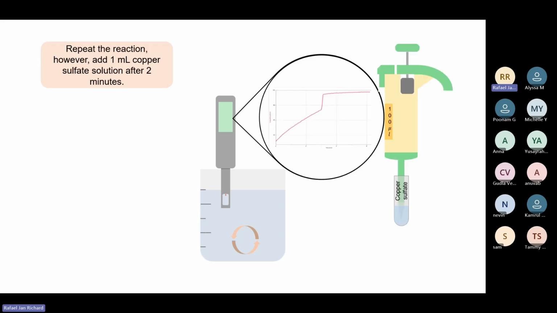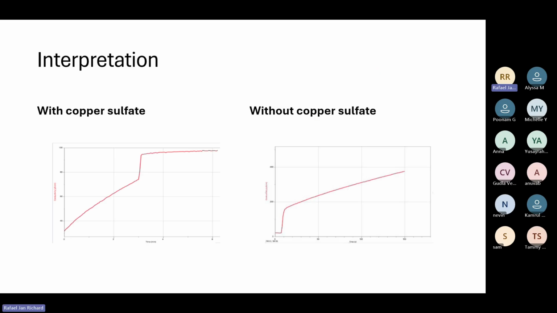And now we'll look at the two different diagrams together. Here you have the diagram with copper sulfate added, and the one without copper sulfate. As you can see here, as long as you don't add copper sulfate, which happens about here, the amount of product is getting larger.